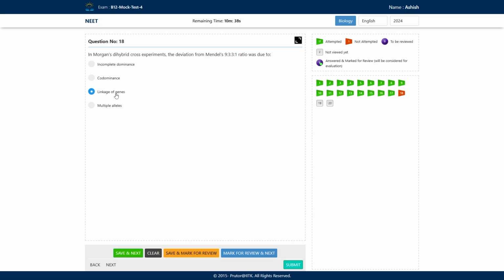Option C is the correct answer here, linkage of genes. Clear? When genes are linked, that is, when they are present on the same chromosome and the distance between the two genes is less, then these genes are inherited together and more parental types are formed as compared to non-parental.